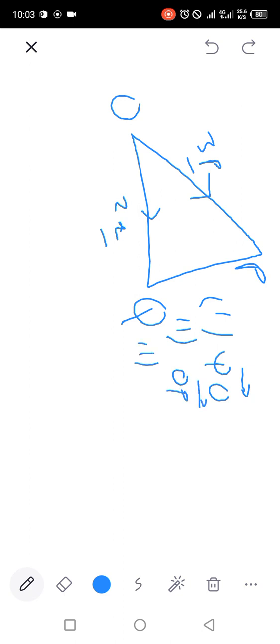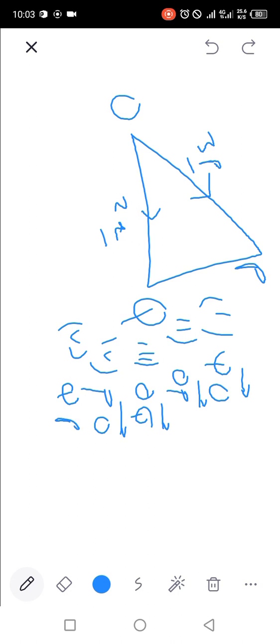The third one, you have to find OQ. This one, you have to find PO. Yes, this is 2Q. This is a Q.